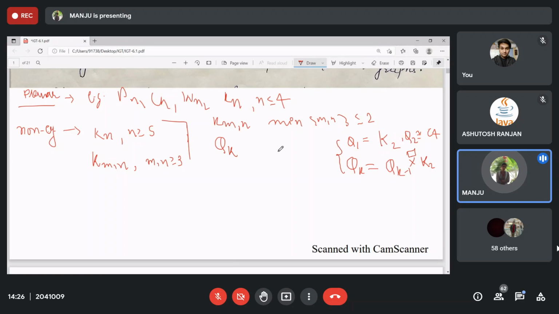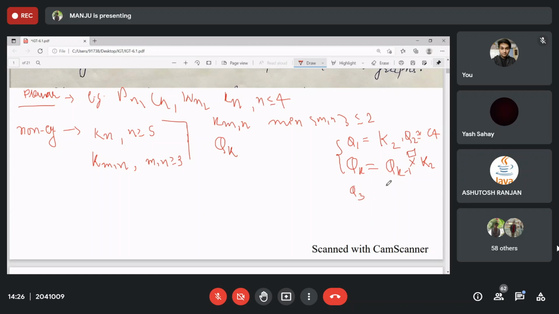So can you draw this K2? K2 is obviously planar. C4 is planar. What about Q3? Planar, ma'am. Q3 is a cube. How will you draw it?